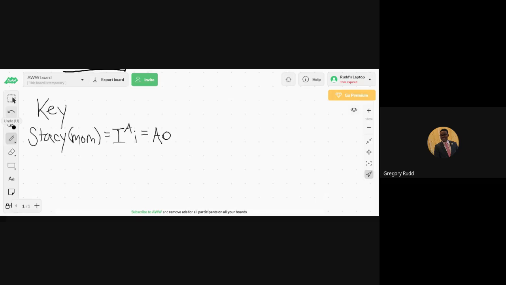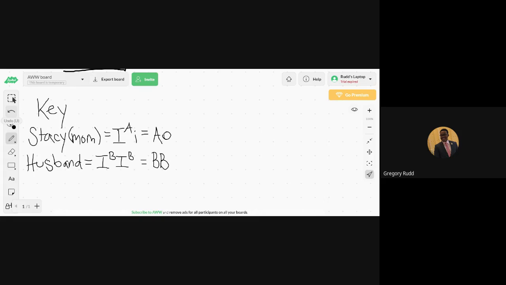Stacy's husband has the blood type B, and his is homozygous. So he's got IB, IB. But another way to write that is simply using B's. They want to know, is it possible for their child to have the blood type AB?